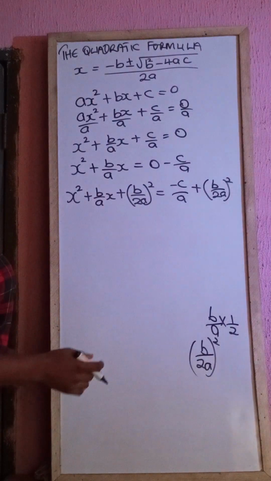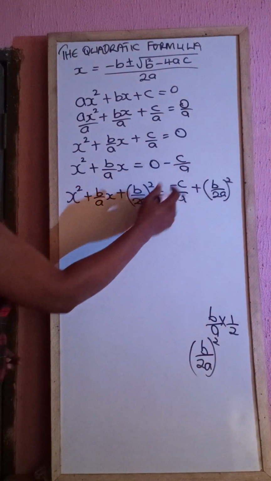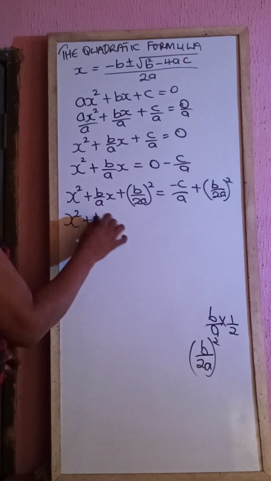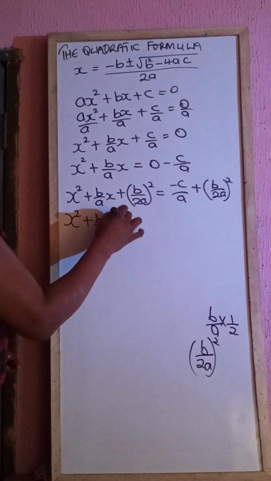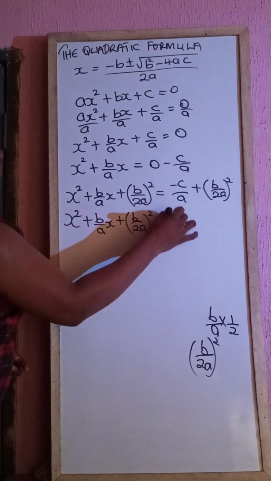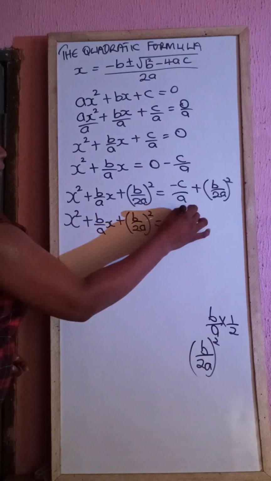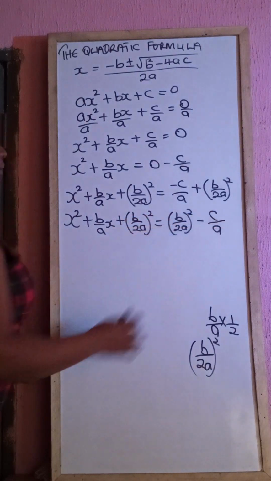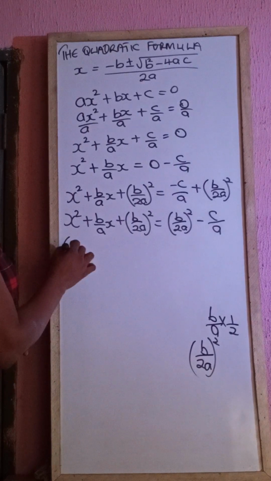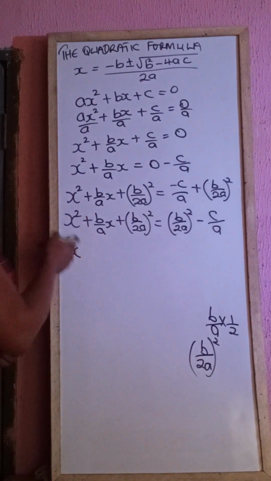Now, for convenience's sake, I would want to start with the positive. So I'm going to have x squared plus b over a x plus (b over 2a) squared is equal to (b over 2a) squared minus c over a. So the next thing now is to factorize the left hand side. Factorizing the left hand side, I simply need to write x here, the variable you have here.